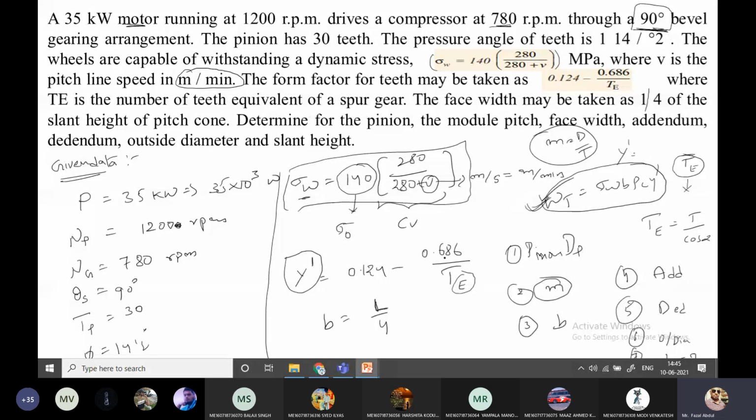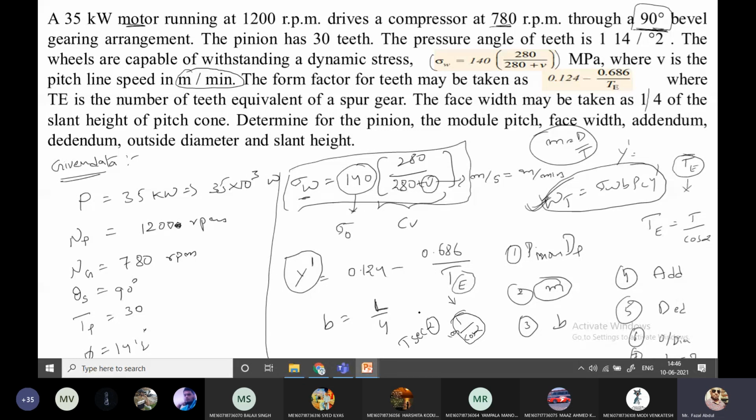y dash is 0.124 minus 0.686 by TE, where TE is the equivalent number of teeth, otherwise effective number of teeth on the gear element. To get the TE value, we have one relation, that is T by cos alpha. In some textbooks the equation is given as T into secant alpha.